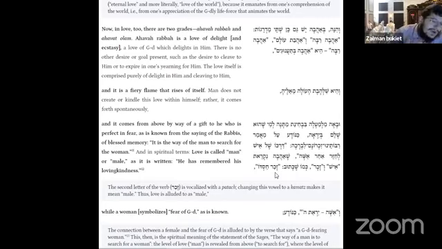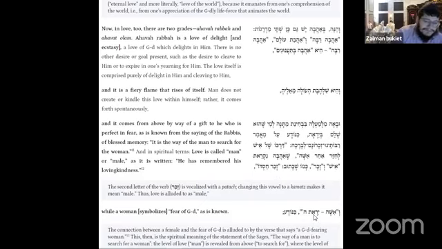It's literally translated as 'he remembered his kindness,' or his lovingness, either way. So zachar, if you change the nekuda, becomes zachar as in male: male, kindness. And isha yirat Hashem, a woman symbolizes fear of Hashem.